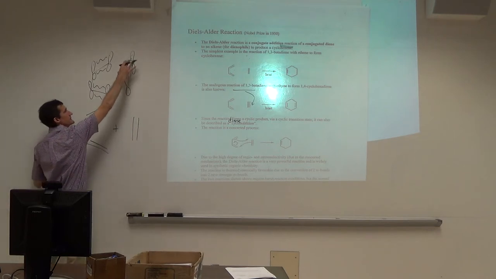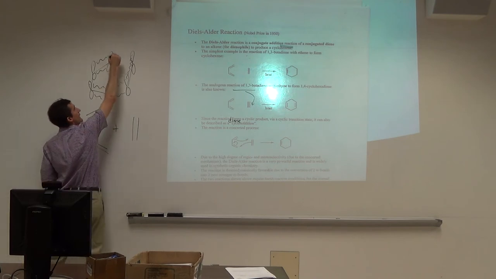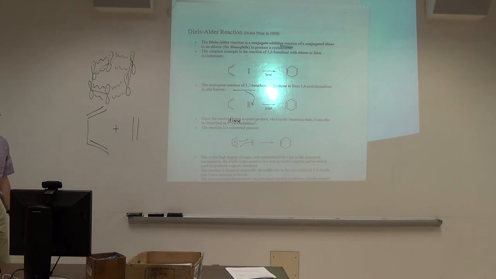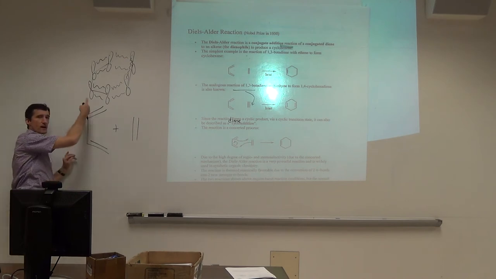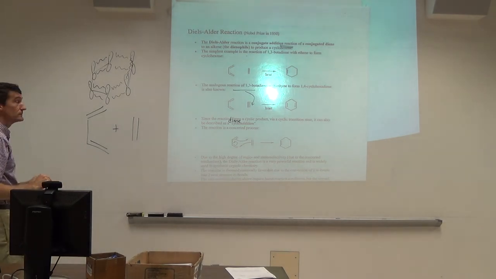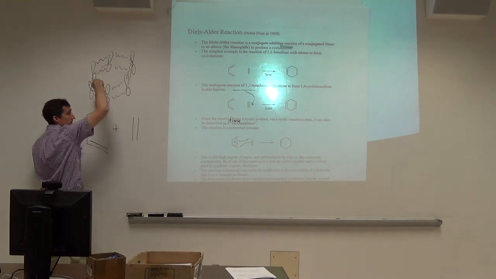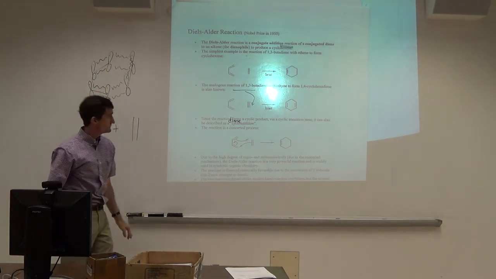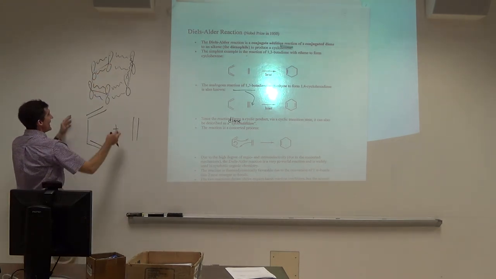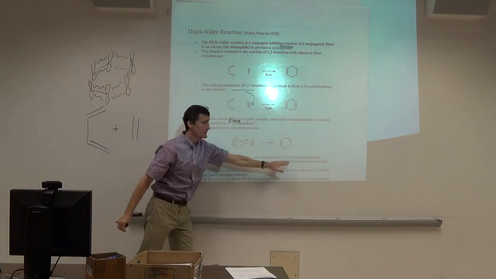What happens is this approaches and this starts overlapping, and that starts overlapping. Now, this is not just all conjugation because it's 2 different molecules. You're doing a reaction here. These approach, and the transition state sort of looks like this. And a book may show a transition state. Now, what happens is you get reorganization of the pi electrons, and boom, you end up with product.